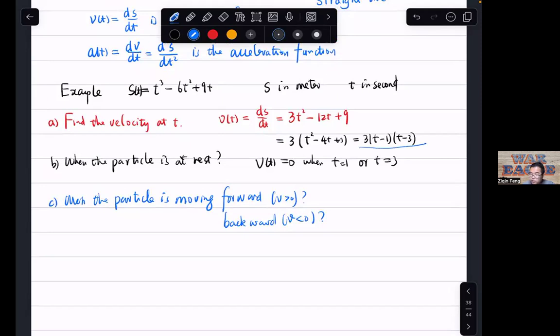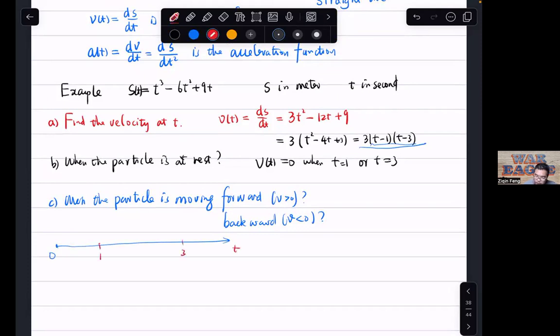So if time is less than 1, both terms are negative, and two negatives give you a positive. You can try to draw a diagram, from 0 to infinity. You have two zero points for the velocity, which are 1 and 3.